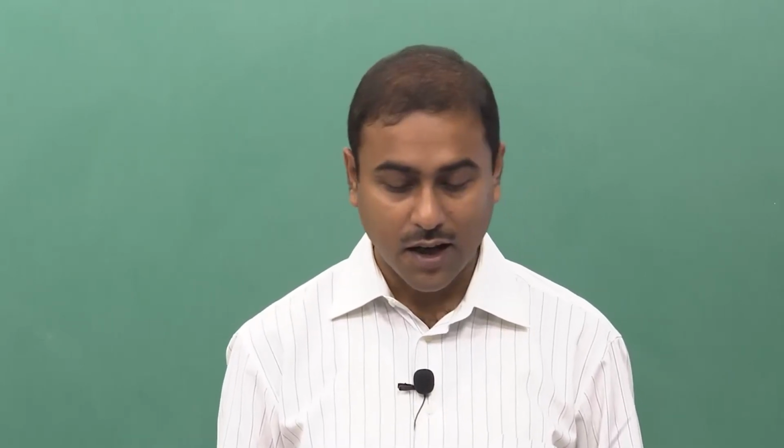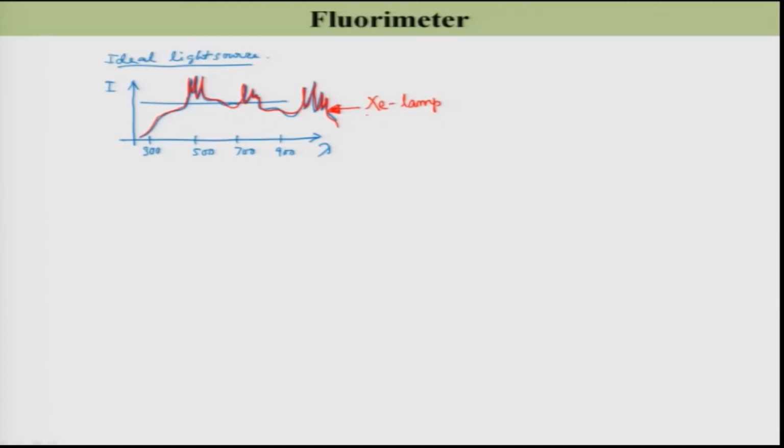So, let us try to do it stepwise. First, let us see how we are going to get the emission spectra, the corrected emission spectra. So, now my aim is to get the corrected emission spectrum. So, if you simply measure in one fluorimeter, that is not going to be the correct emission spectra.